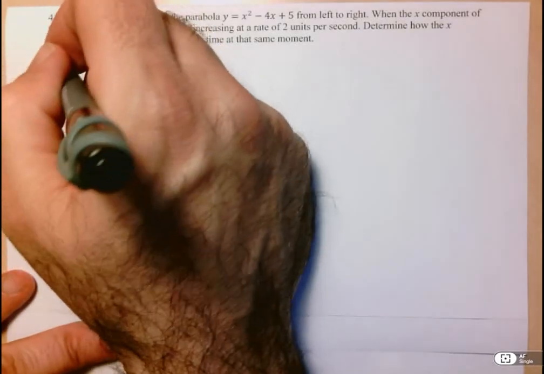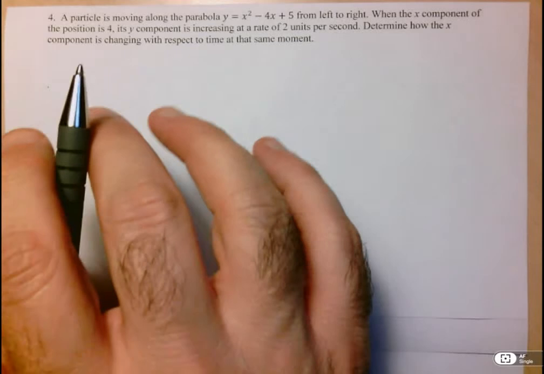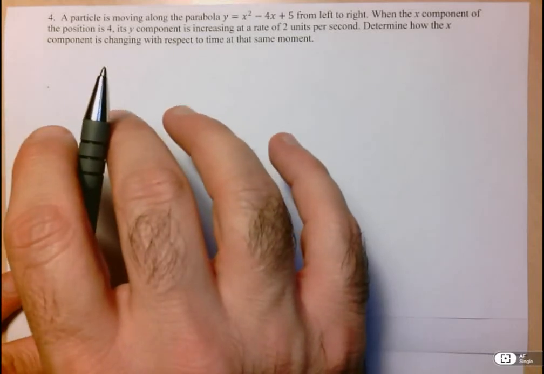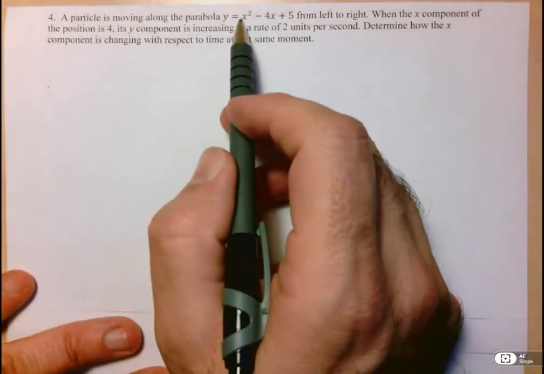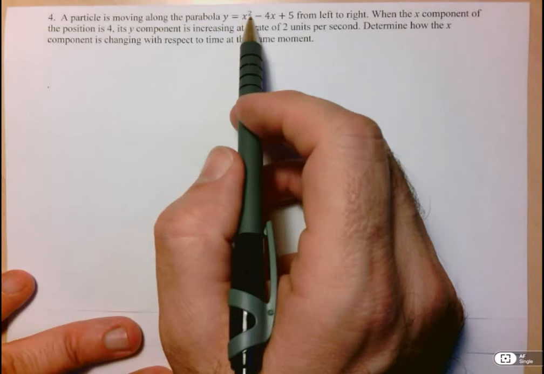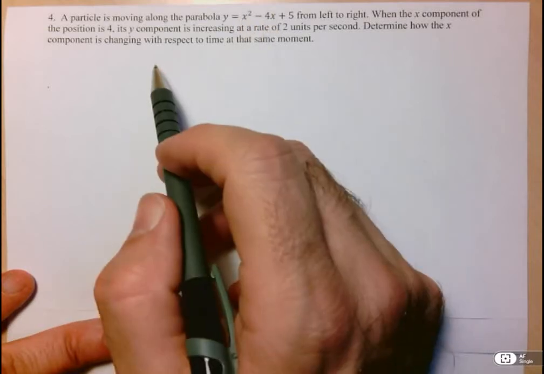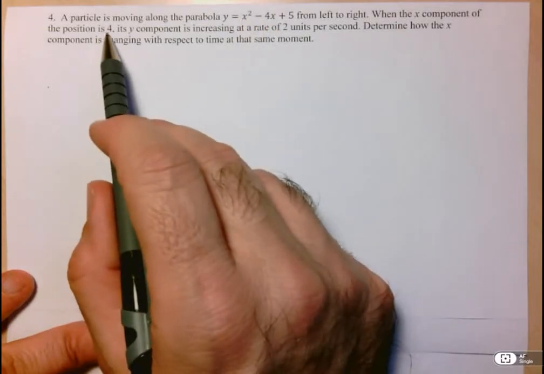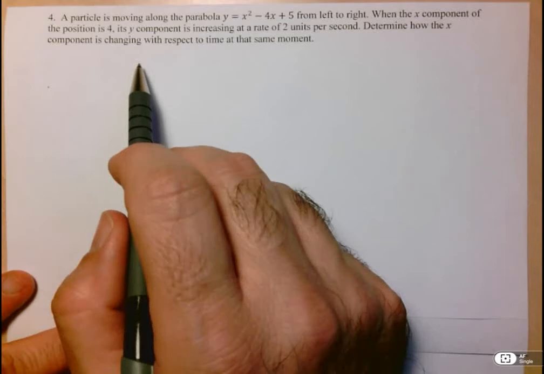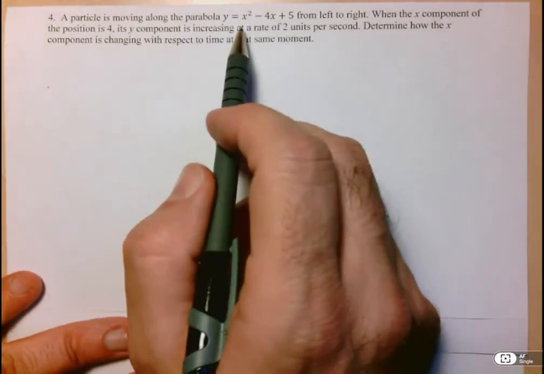Now, what I would do in a question like this, just to set it up well, I often talk about the diagram being very useful in setting up a problem like this. So I know that this is a parabola opening upwards, and I'd like to know where this x component of 4 relates to the parabola. So I can find the minimum of this parabola.